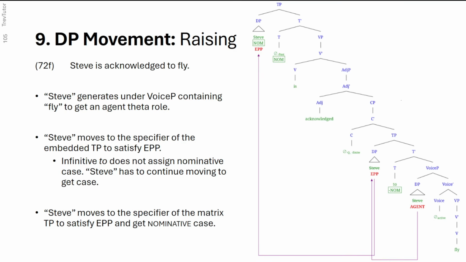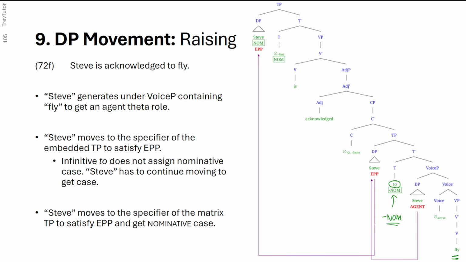So I want to take a look first at this lower tense phrase. So this is Steve is acknowledged to fly. So to fly is an infinitive form. So fly will end up under the verb phrase, and to will appear under tense. But this is special because to cannot assign nominative case.